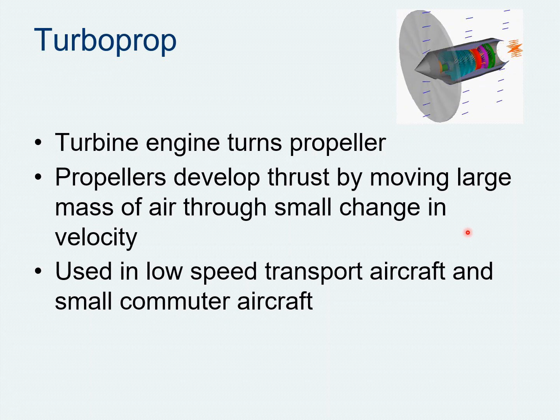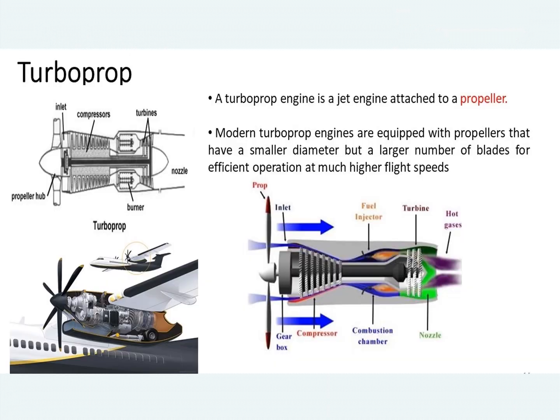Here also the thrust mainly depends upon the air pulled by the propeller. Due to the presence of the propeller, it is used by some of the commercial aircraft and some of the low speed aircraft.